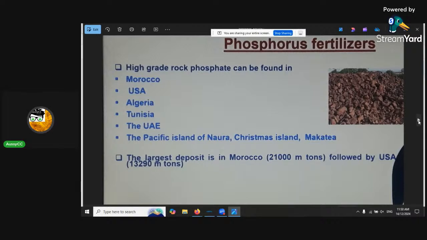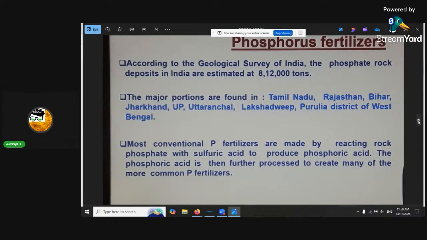You have to be careful of adulterations if you're buying it. Most conventional phosphorus fertilizers are made by reacting rock phosphates with sulfuric acid to produce phosphoric acid. The phosphoric acid is then further processed to create many of the most common phosphorus fertilizers.